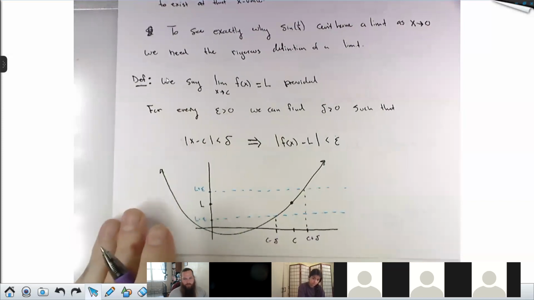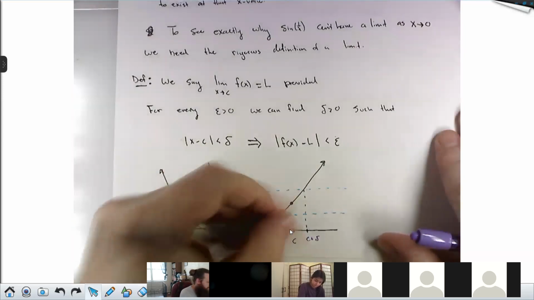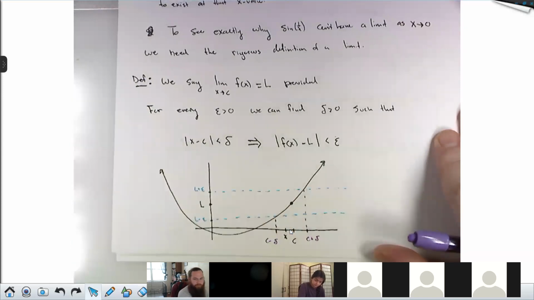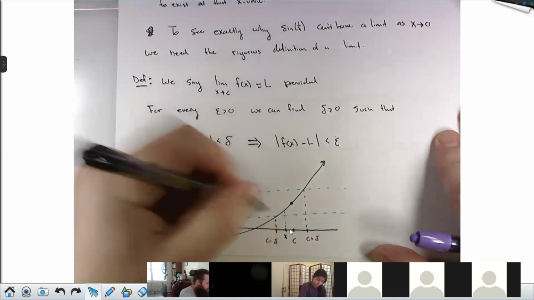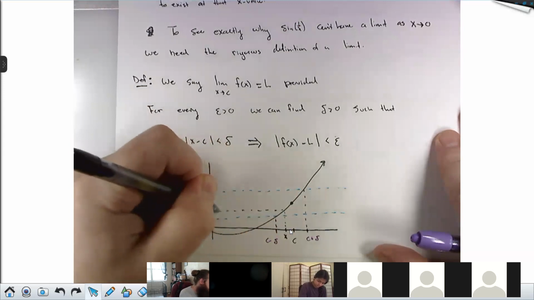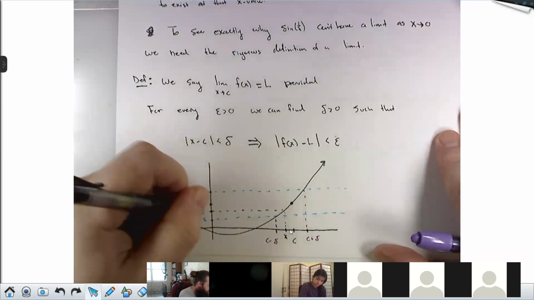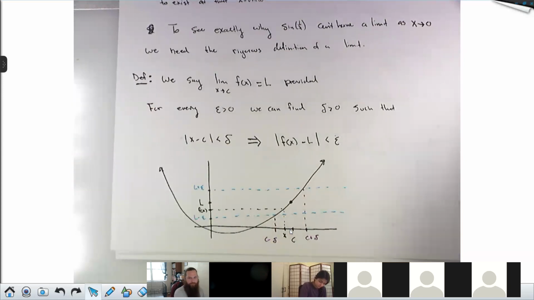What we want to do is find delta so that if x is within delta of c, in other words, if x is anywhere inside the purple, then the corresponding y value, f of x, is within the blue epsilon window.